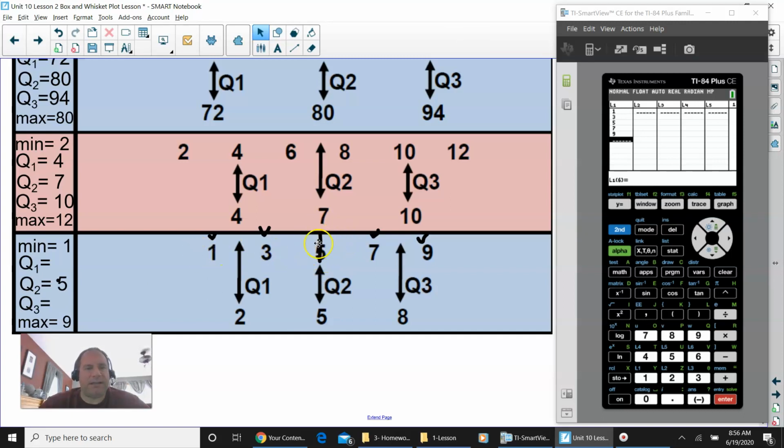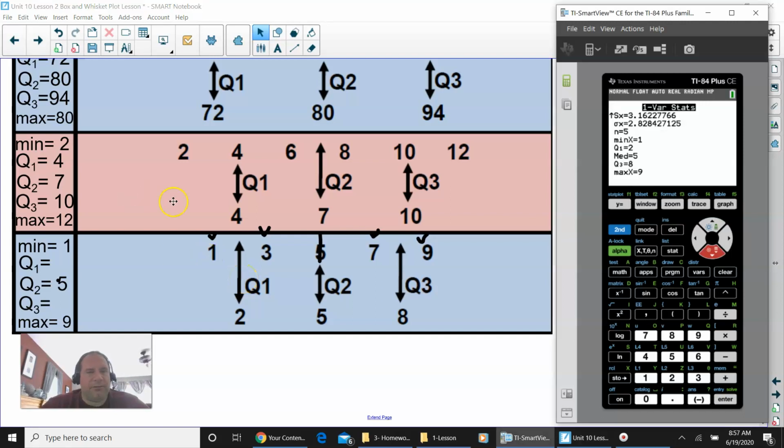Now 1 and 3 represent the lower half, and since the wall is on 5, you only have 1 and 3 in that lower half. Think about the number in between. The median of 1 and 3 is 2: use 1 plus 3 and divide by 2, it's 2. That's where you get quartile 1. It's the median of the lower half of the numbers.